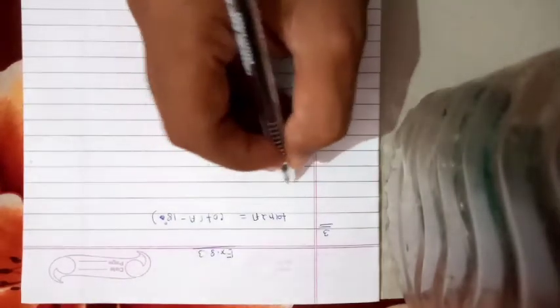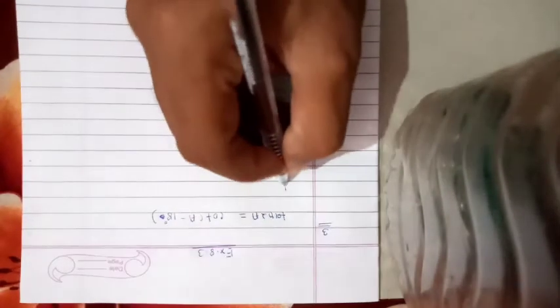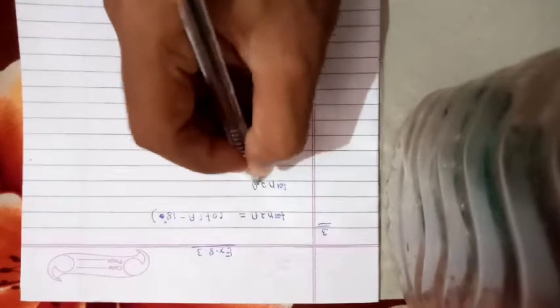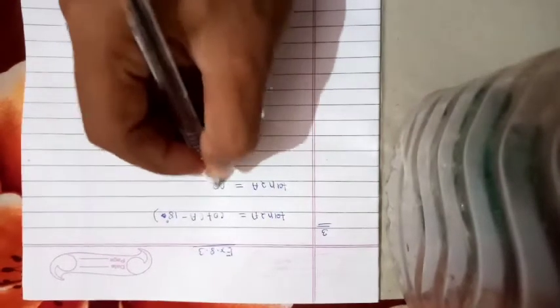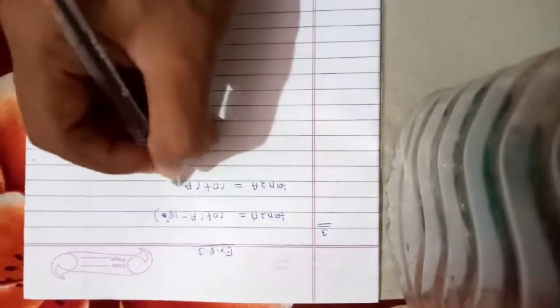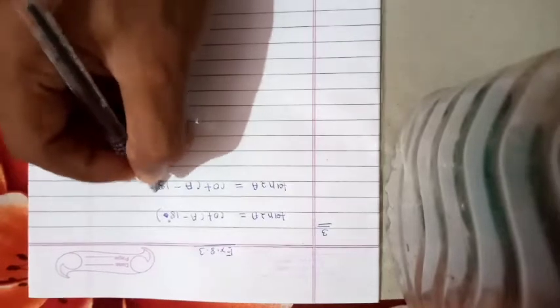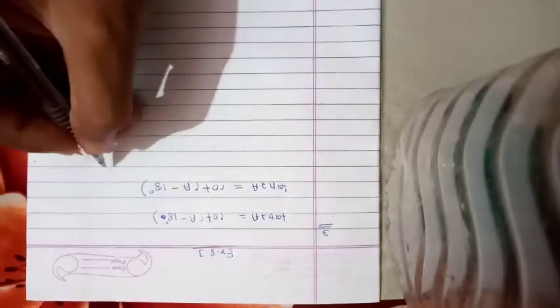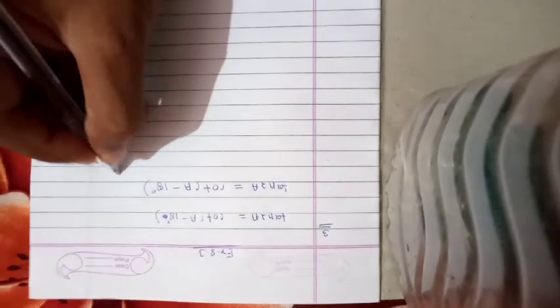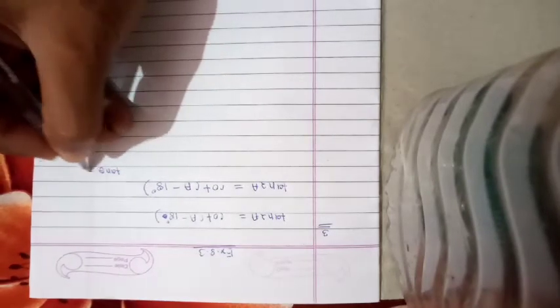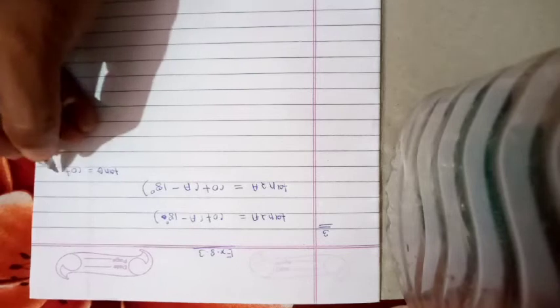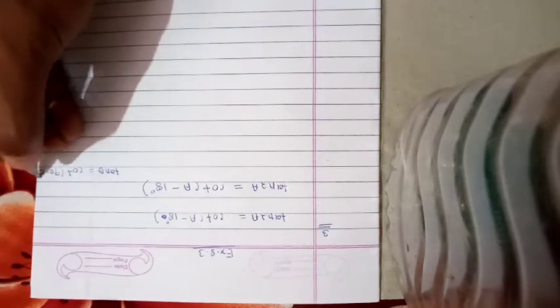So tan 2a is equal to cot (a minus 18 degree). Again you can write this tan as a cot, because tan theta is nothing but cot (90 minus theta).